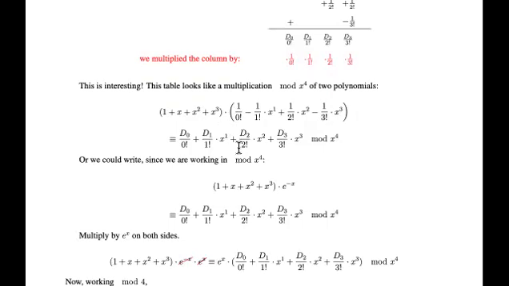And that's going to be, at least mod x to the 4th, equal to this sum right here, where our coefficients look like D1 over 1 factorial, D2 over 2 factorial. So really, the derangements are now coefficients of a polynomial. Now we're working mod x to the 4th.